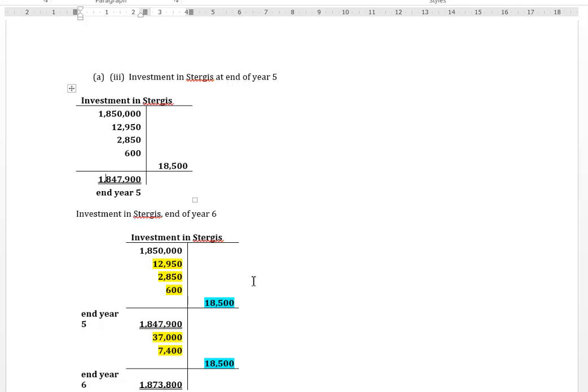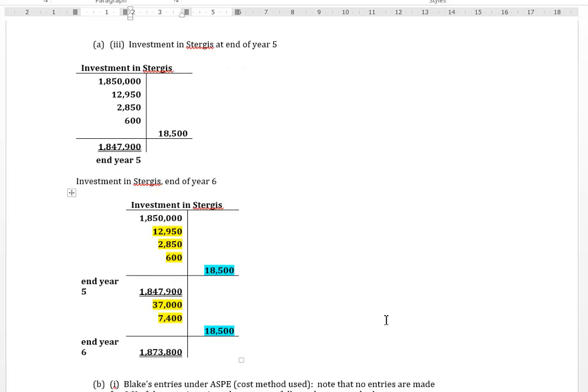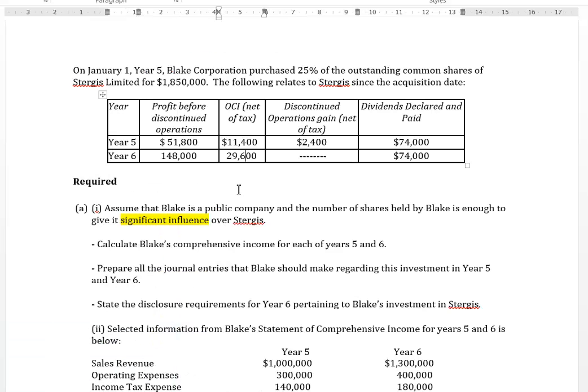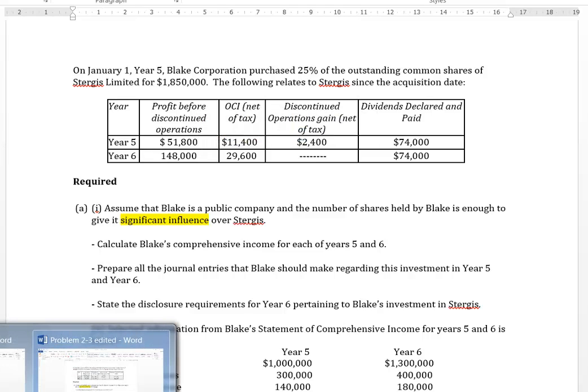All right. Now, what about at the end of year 6? Well, I put all the numbers in again. So you can see I'm here where I ended off at the end of year 5, because that begins year 6. What happened that year? Well, 3 things happened. I took my pro rata share of Sturgis's year 6 income before the discontinued operation, which was my share of the $148,000. 25% of it was $37,000, right?